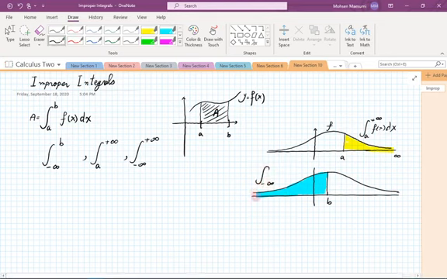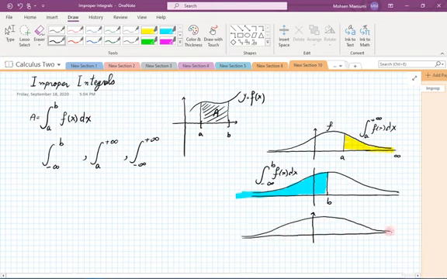Now from minus infinity means I'm going all the way to the left. Minus infinity, I stop at B, and then I have f of x dx. Perhaps I actually want to go all the way from the left to all the way to the right, and now I want to calculate all of this.